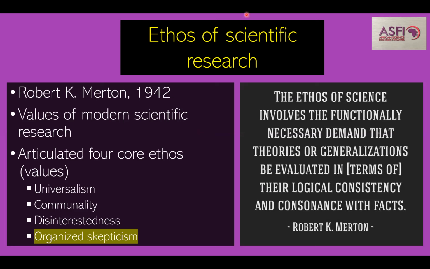And within the ASFI network, we have much emphasis on the goal of the scientific research we do. It is not to serve our purpose, it is to support the development of the society.